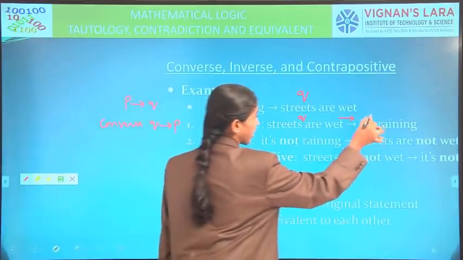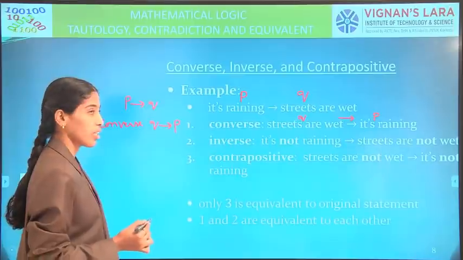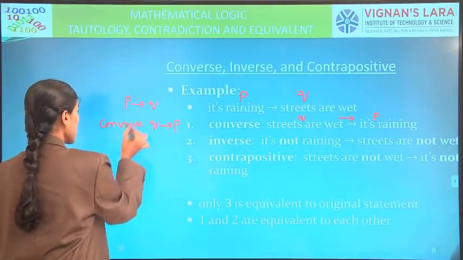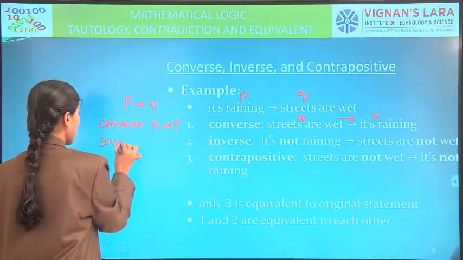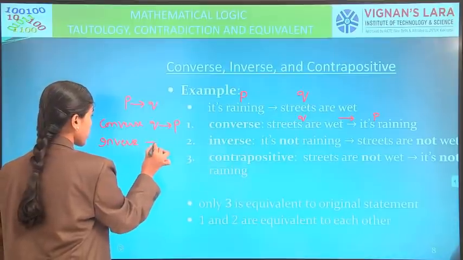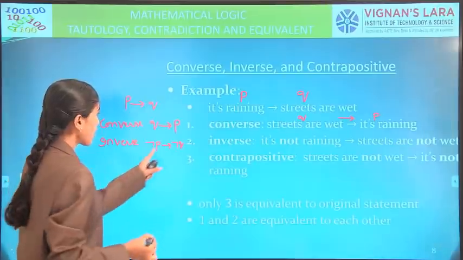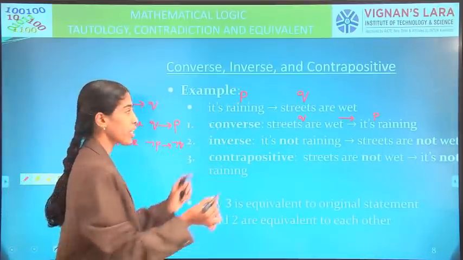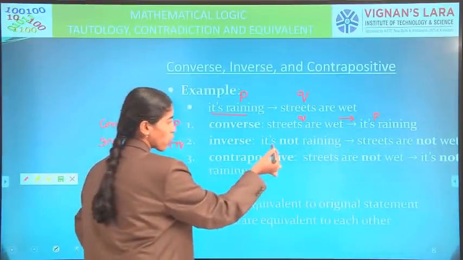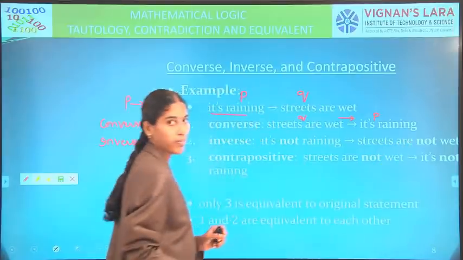It is raining. Next one, inverse of P conditional Q is negation of P conditional negation of Q. What is negation of P? Negation of P is obtained by putting the term not in the sentence. So it is not raining, conditional, streets are not wet.